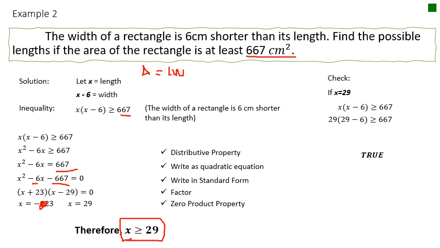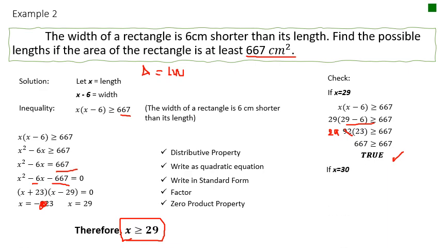So, 29 minus 6, this is 23. 29 times 23, this is 667 is greater than or equal to 667, and this is true because they are equal. Consider pa din yun kasi ang 29 ay included sa ating solution.